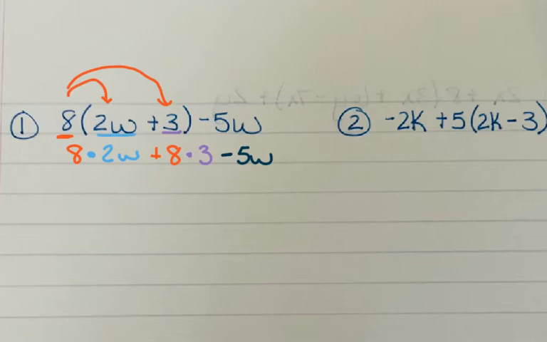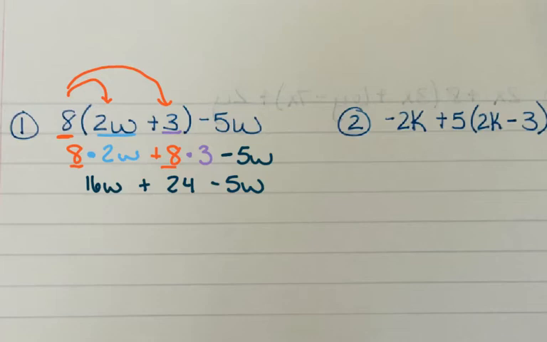Now you can see that that 8 was distributed 2 times. So we multiply. 8 times 2 is 16, so I have 16w plus 8 times 3, which is 24. And then I'm bringing down this minus 5w. So now I've completed the distributive property.